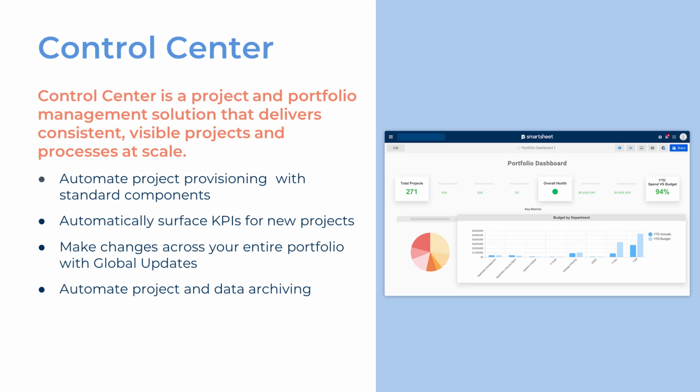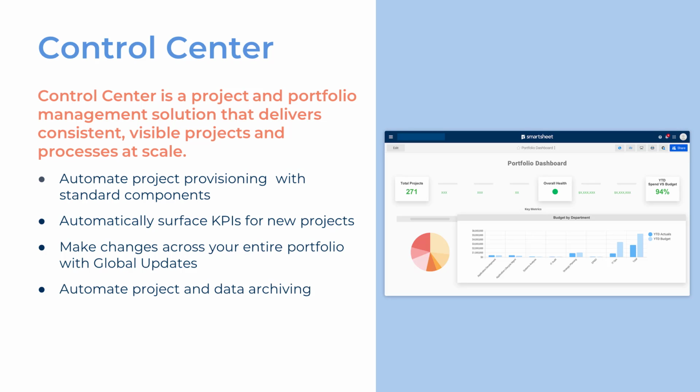Lastly, Smartsheet Control Center is our project and portfolio management solution that's going to enable you to really automate project provisioning, reporting, as well as updating and archiving. So that's a really quick way to say Control Center is a great way to really streamline and automate this entire process.